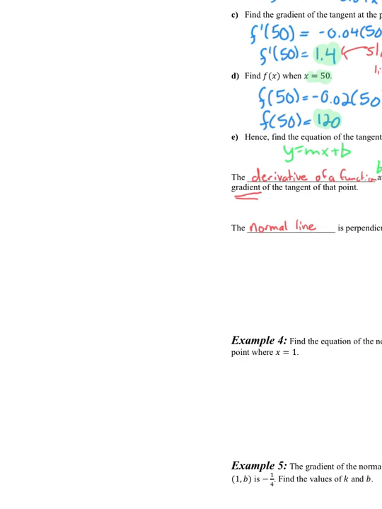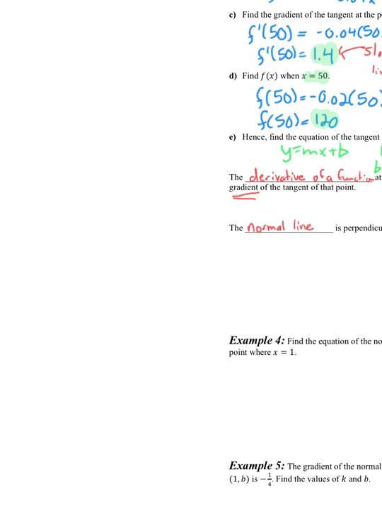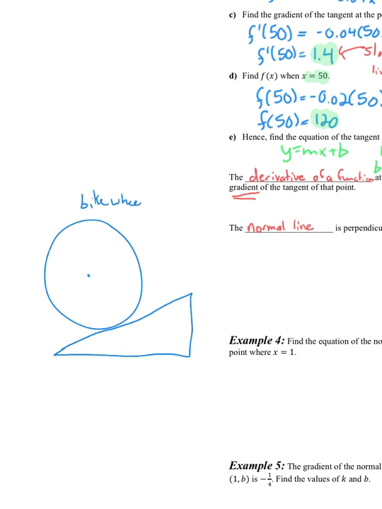But the idea is if we had something like, let's say, they use a bike wheel. So we'll say a bike. And then you have, like, let's say this is the road. And this line right here represents the tangent line.